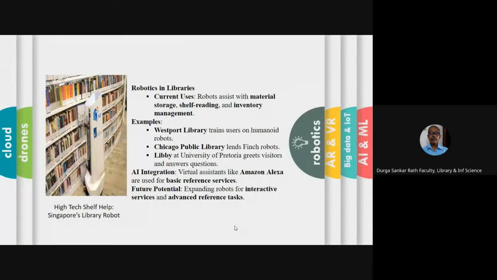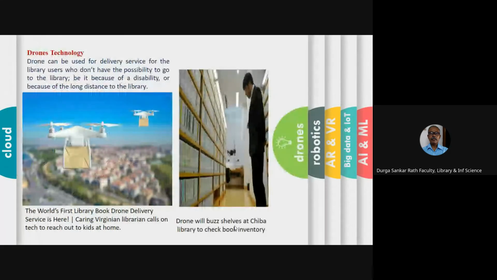Drone technology is another technology that can be used for delivery service for library users who don't have the possibility to go to the library, be it because of a disability or for some personal reason, or they may be from a long distance and that's why they are reluctant to visit the library. With the help of drones, the world's first library book drone delivery service has been introduced, with a Virginian librarian calling on tech to reach out to kids at home.